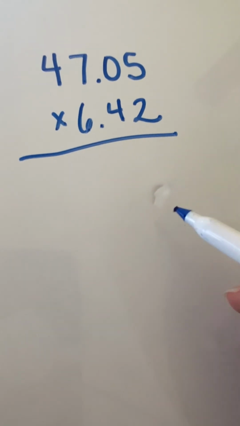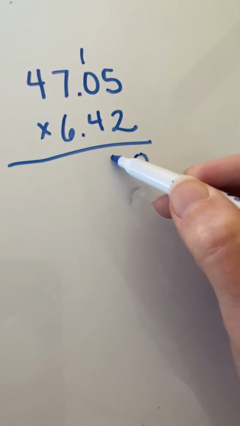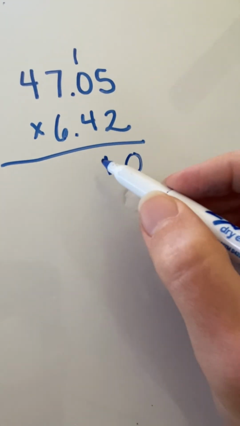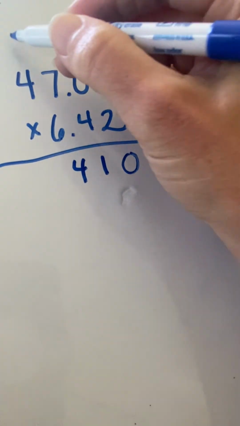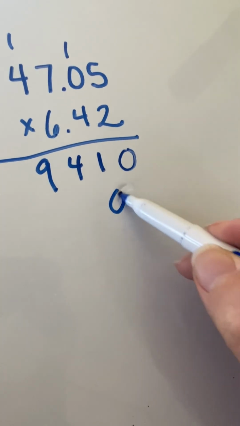Okay, so now we're multiplying. We're multiplying decimal numbers. Okay, we're just going to do it just the way we normally multiply. Okay, then we come down here.